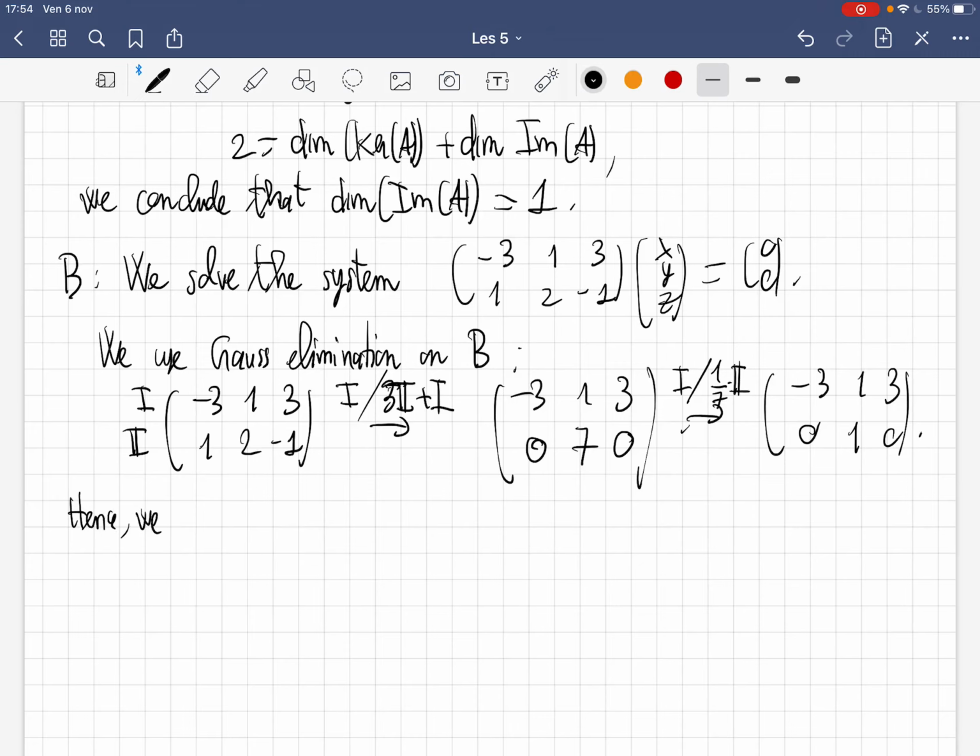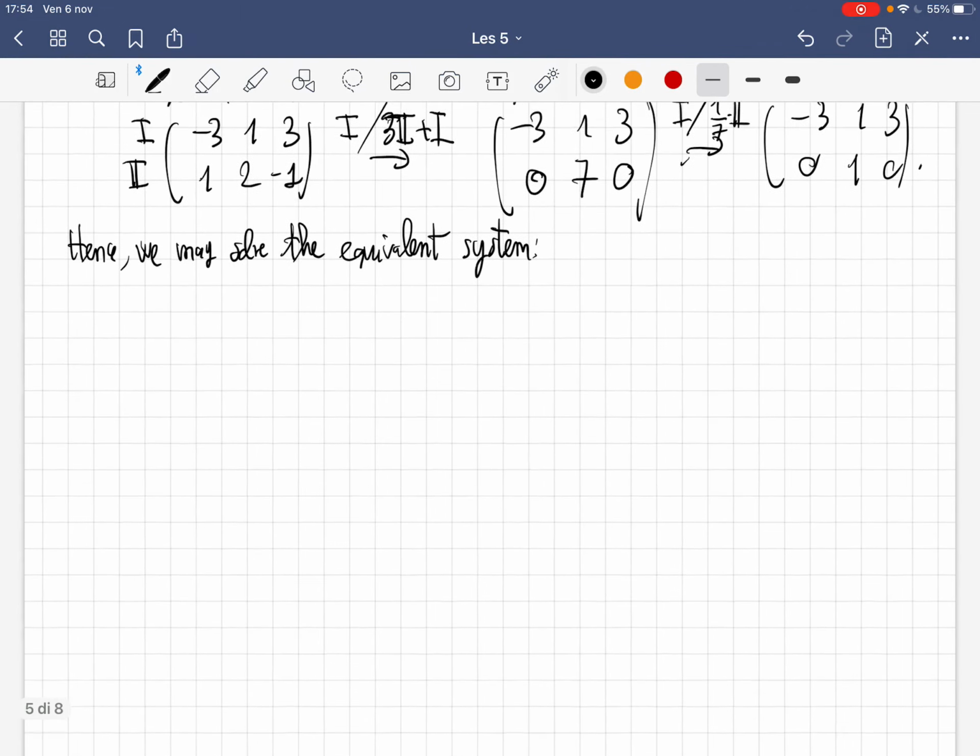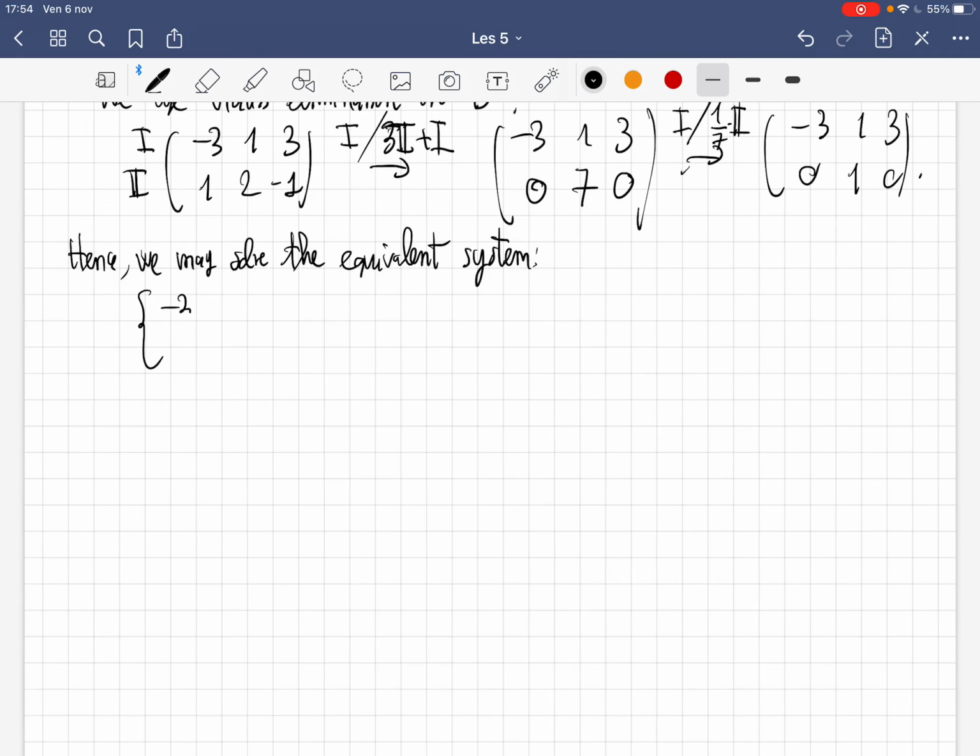Hence, we solve the equivalent system: minus 3x plus y plus 3z and y equal to 0.